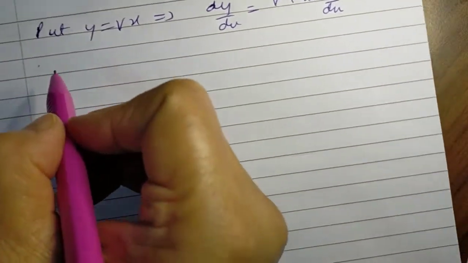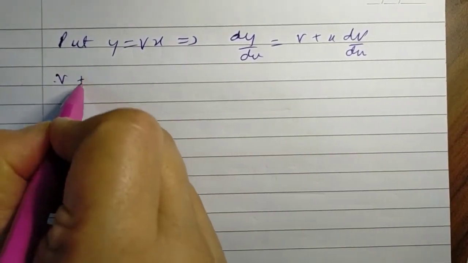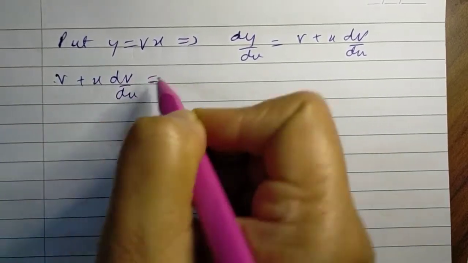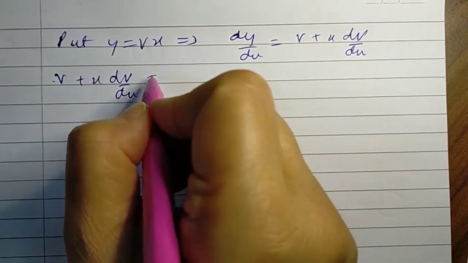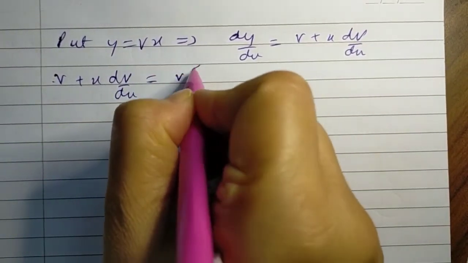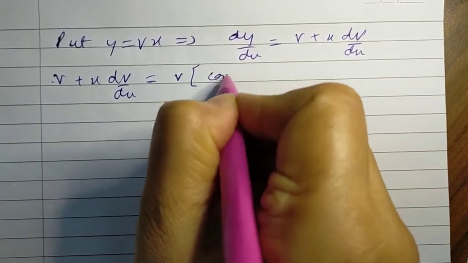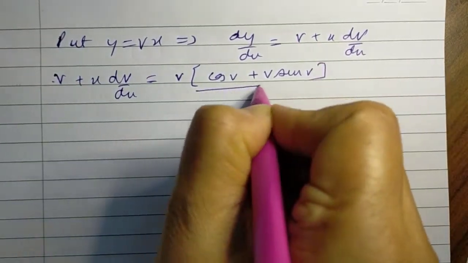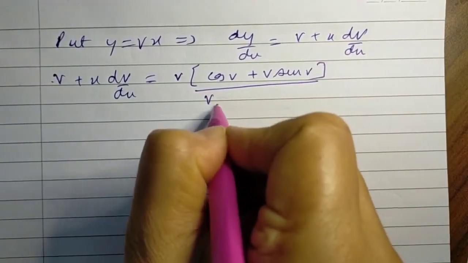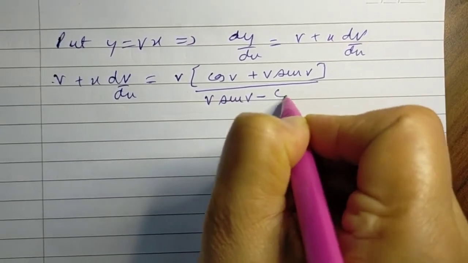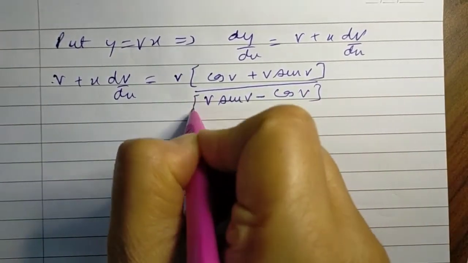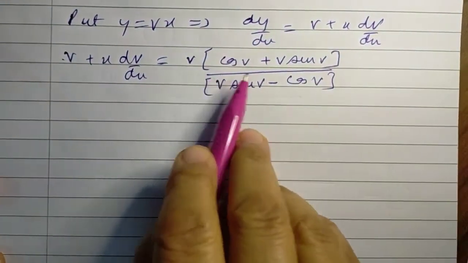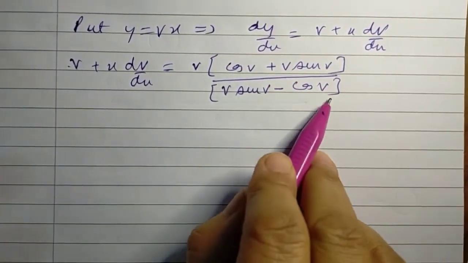Substituting, on the left hand side we get v plus x dv by dx is equal to v times cos v plus v sin v, whole upon v sin v minus cos v, which we can see is purely a function of v on the other side.